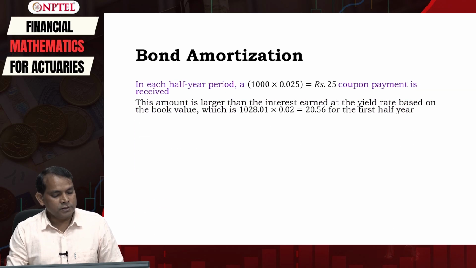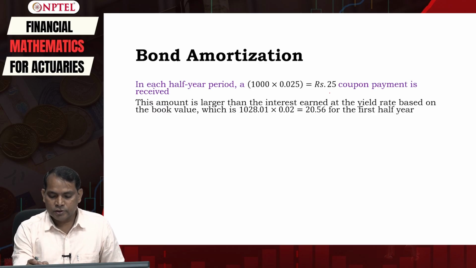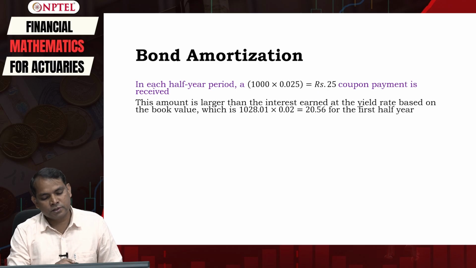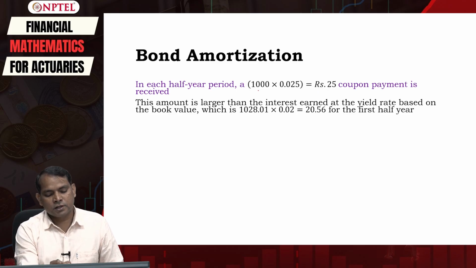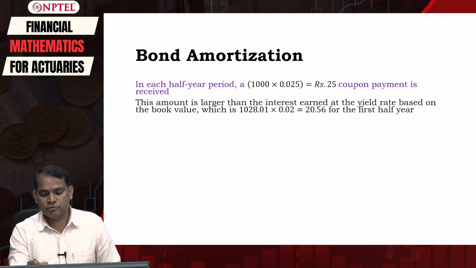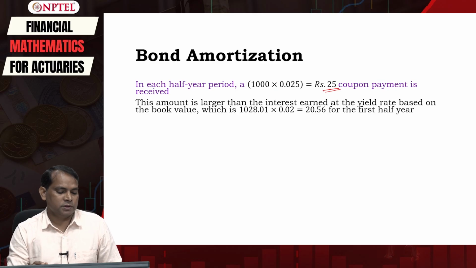In each half year period, a 25 rupees coupon payment is received for this type of bond, calculated as 1000 multiplied by the rate of interest computed semi-annually, that is 1000 multiplied by 0.025, which is 25.